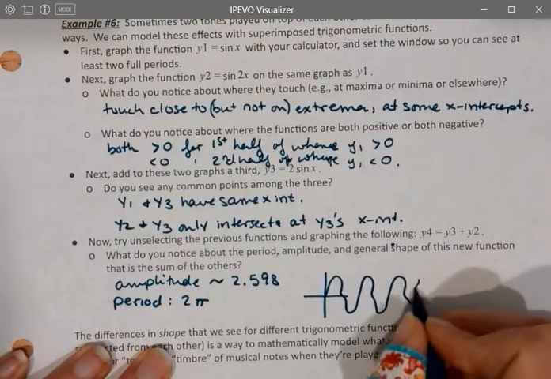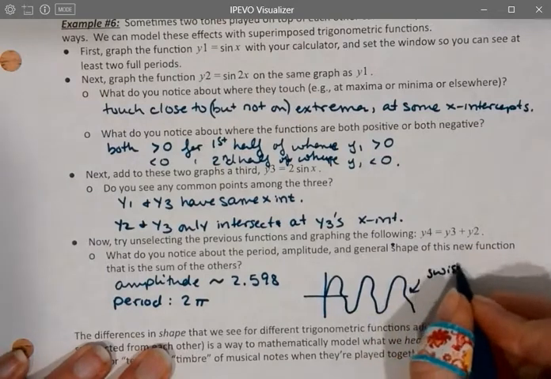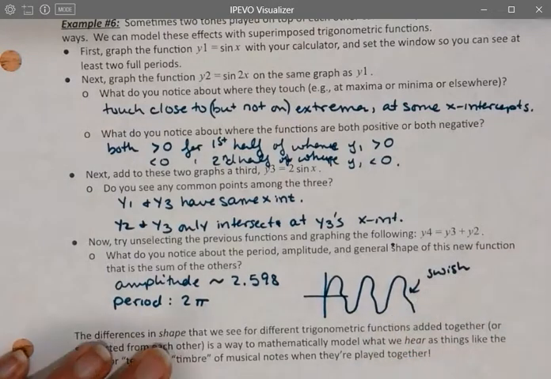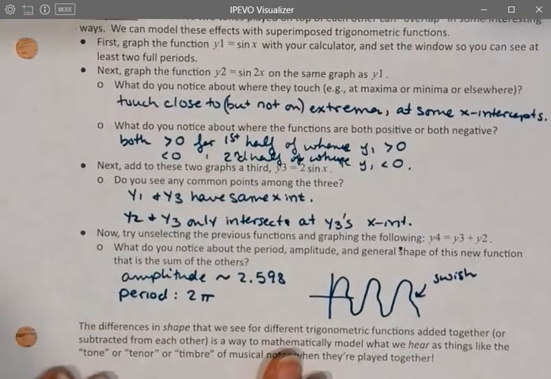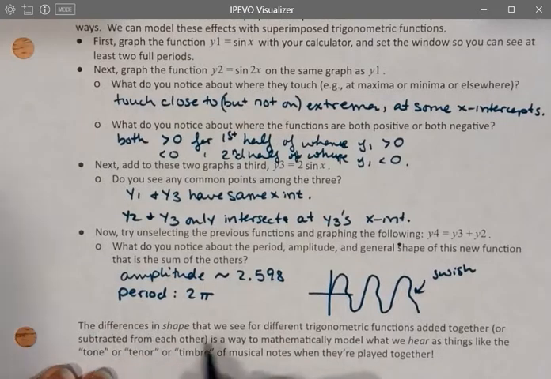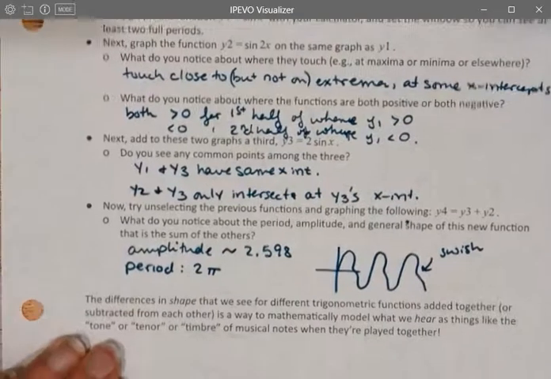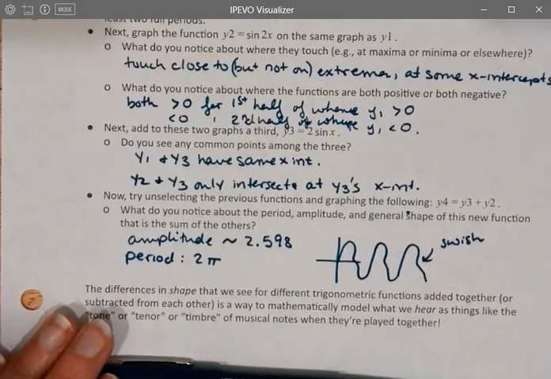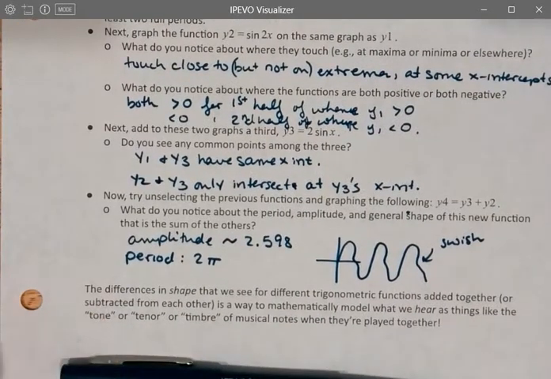So it's got that weird swish right there on the way down, which makes it different from the normal trigonometric functions, the ones that are the standards. Okay, the differences in shape that we see for different trigonometric functions added together or subtracted from each other is a way to mathematically model what we hear as things like tone, tenor, timbre of musical notes as they're played together. So experimenting with adding trigonometric functions can get us that kind of periodic function.